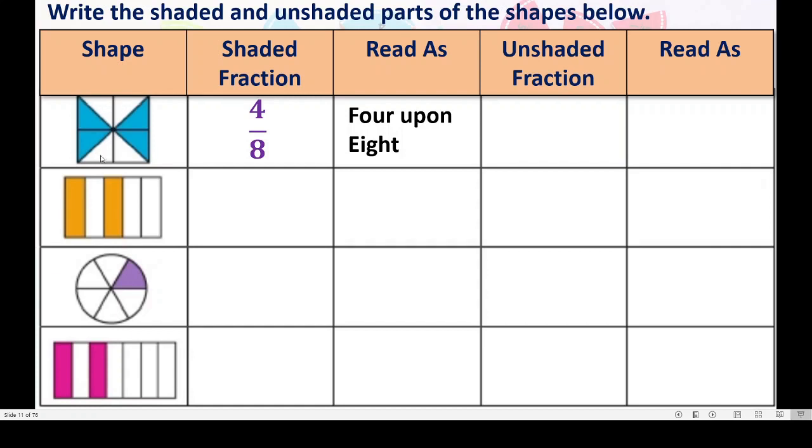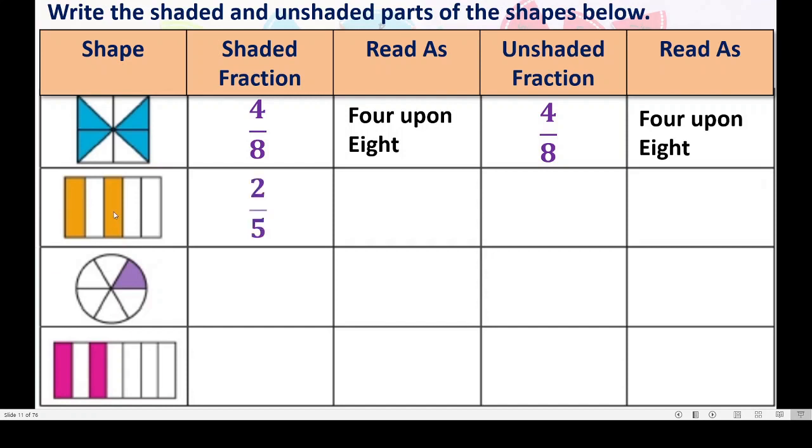1, 2, 3 and 4. Same thing, 4 upon 8, and read as 4 upon 8. Isn't it? Now here the second picture. 1, 2, 3, 4, 5. Total parts are 5. So the denominator will be 5. And the shaded portion is 2.